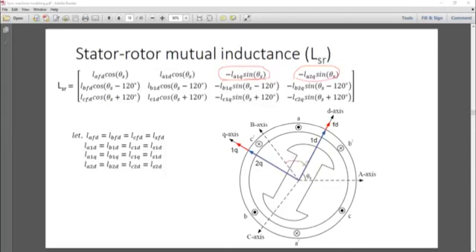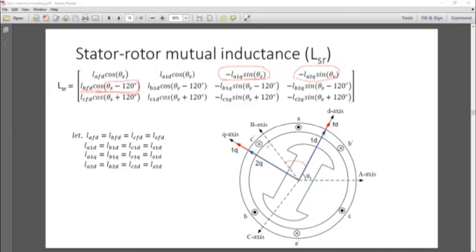It is theta minus 120 or 120 minus theta. If you take cosine, it doesn't matter. The actual angle in this diagram is 120 minus theta, but as we said earlier, we are interested in theta s minus 120. So we keep it as theta s minus 120, and LBFD would be simply cosine of that.